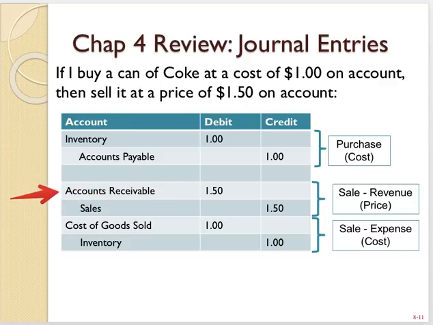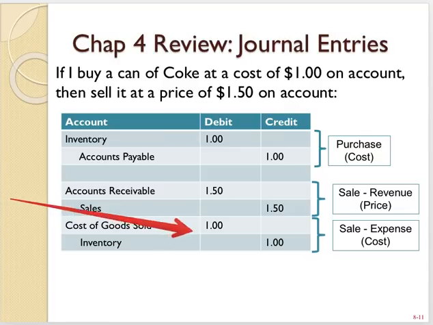The other part of a sales entry is the expense side, and that's showing the part that was used up. Well, now the inventory that we had here that we purchased for $1 has gone away. So now we're going to credit our inventory, showing our inventory going down for $1. And we have cost of goods sold, showing the expense of that inventory being used up in the process of the sale, in the process of generating revenue.